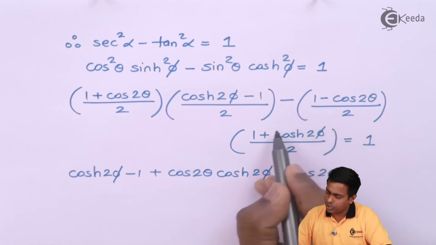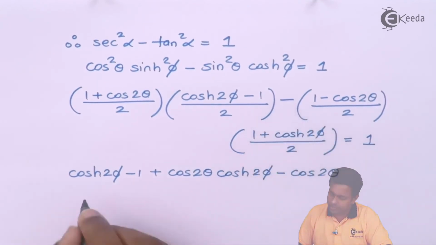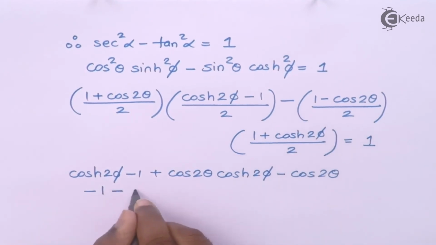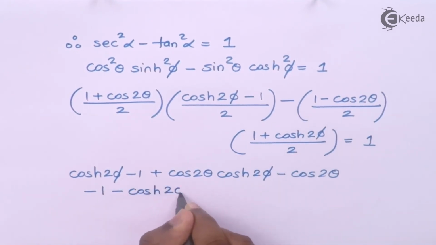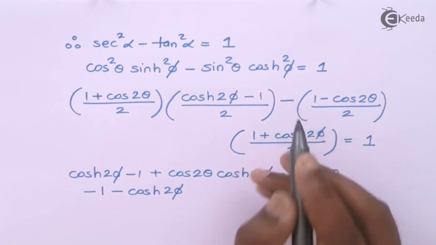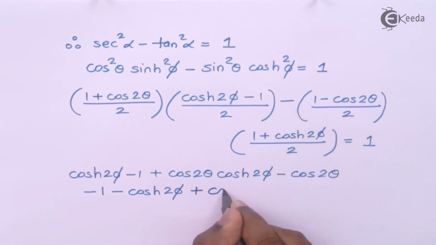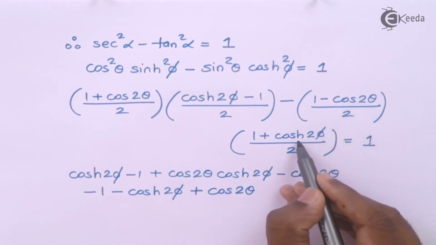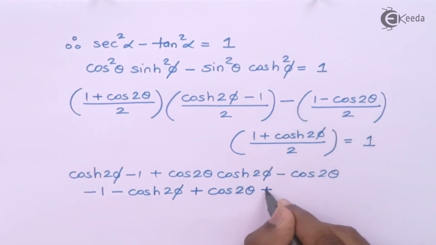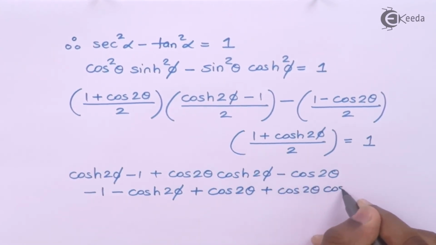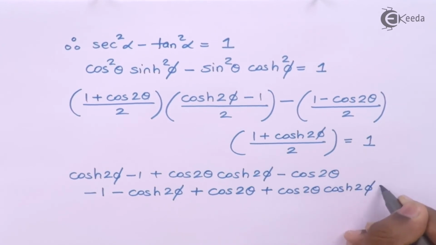Now 1 into 1 is 1, but due to the negative sign that will be minus 1. Then 1 into this will be minus hyperbolic cos of 2 phi. Next, minus cos 2 theta into 1 is minus cos 2 theta, but due to minus will become plus cos of 2 theta, and in the end this minus into plus is minus, with this minus that will be plus cos of 2 theta into hyperbolic cos of 2 phi, and on the right hand side we'll get 4.